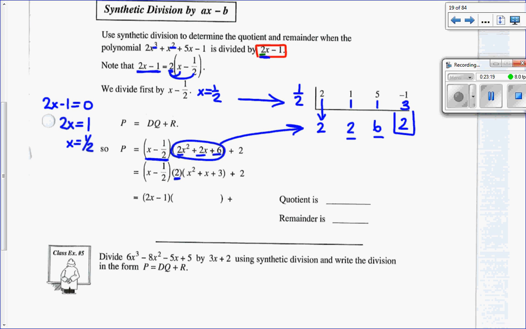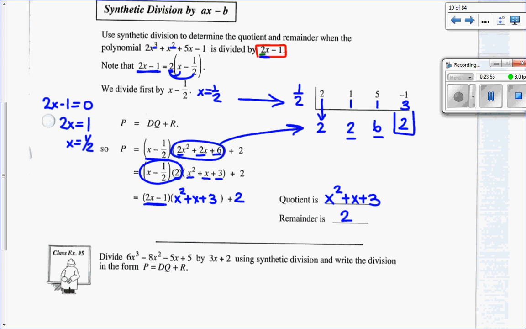And so we end up with x squared plus x plus 3. Okay, and then we can recombine this again, 2 times x minus a half, to get 2x minus 1. So 2x minus 1 times x squared plus x plus 3. And then plus 2 is our remainder. Our remainder doesn't change. We don't have to half that one. So our quotient is actually x squared plus x plus 3. And our remainder is actually 2.